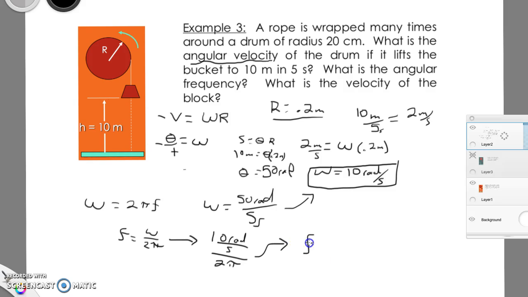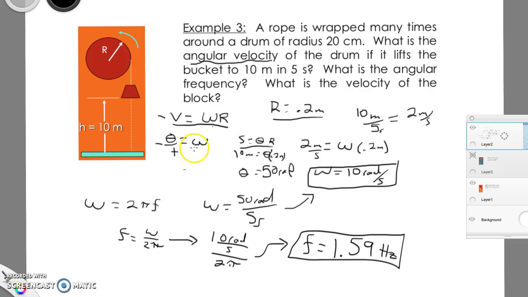And so we get the frequency to be equal to about 1.59 hertz. Alright? And so we've used our equation that equates angular and linear velocity, our equation relating angular position and distance, and then our equation, I guess this would be angular displacement over time, is equal to our angular velocity. Okay?